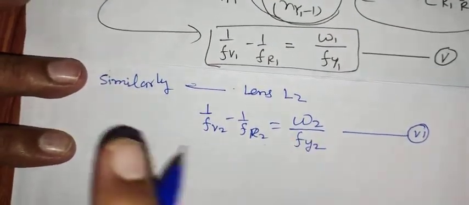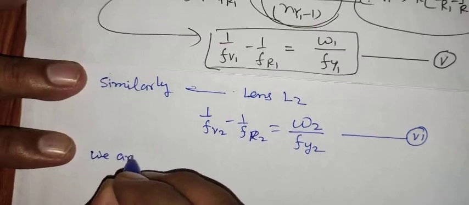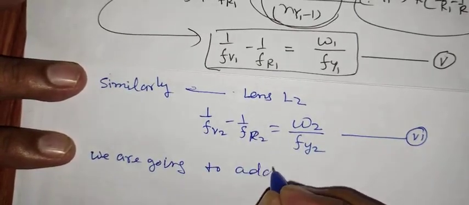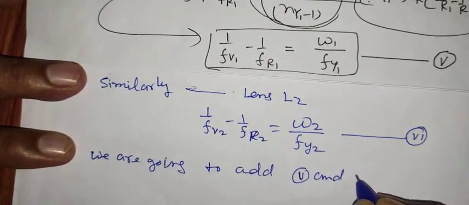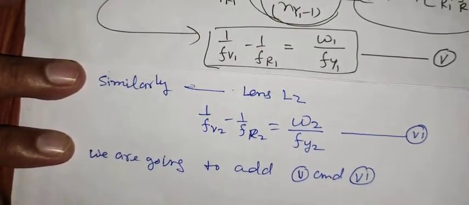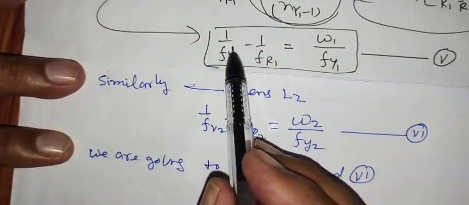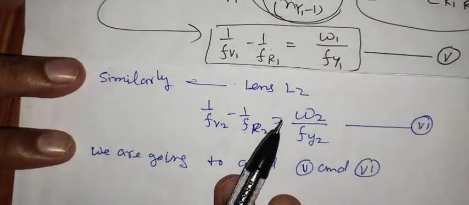See what we are going to do. We are going to add equation 5 and equation 6. Let us see what happens. Left hand side plus left hand side and right hand side plus right hand side.